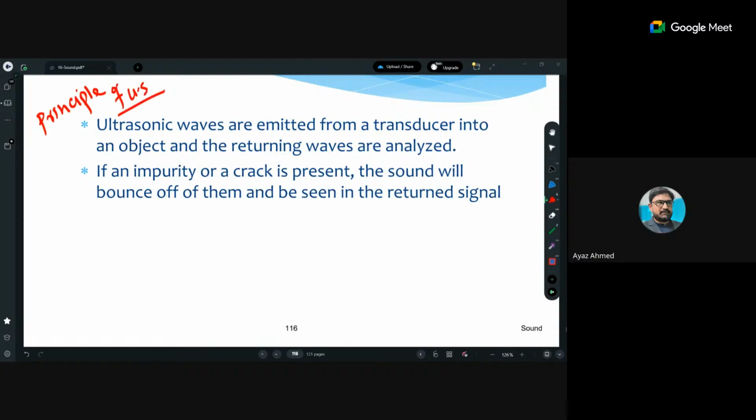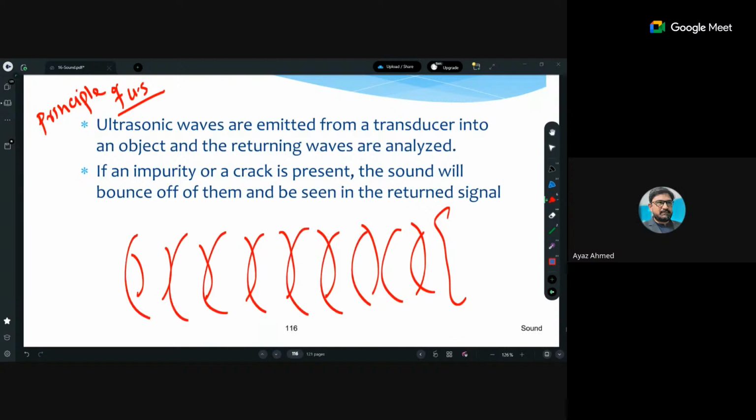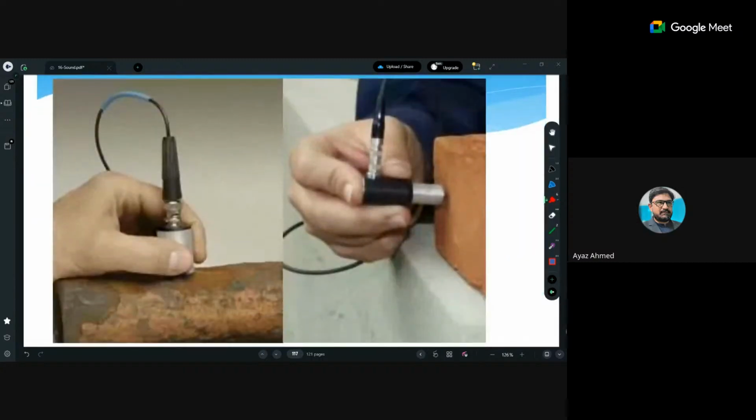The ultrasounds are emitted in the form of pulses, and those pulses are reflected back from the object and then received back. The time lapse between them is noted down. The distance is then calculated, and we use that signal to detect whether there are cracks inside or not.